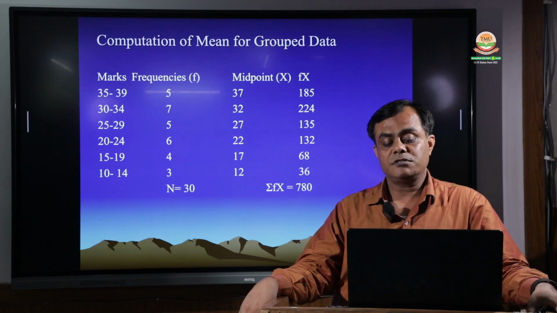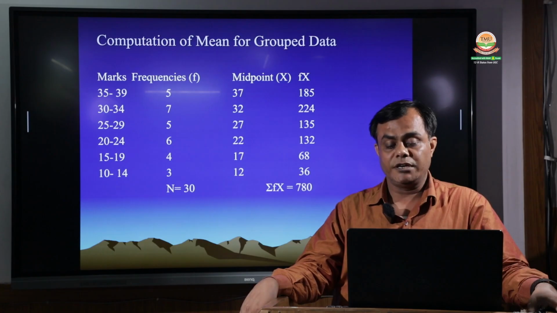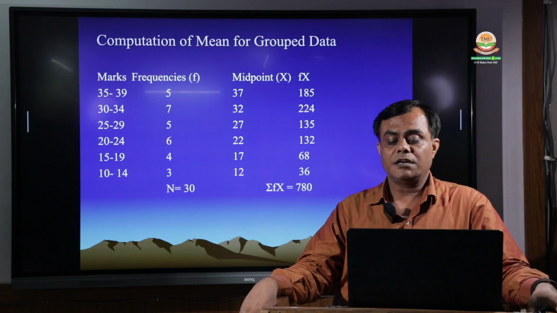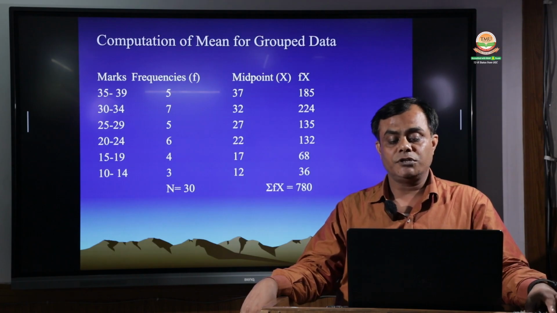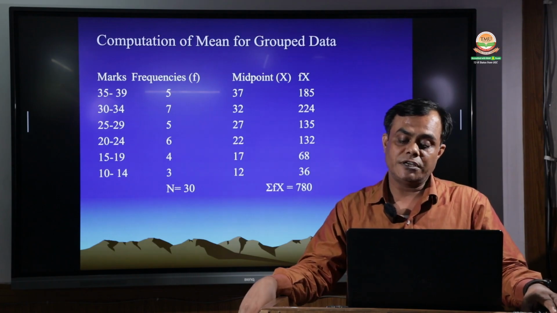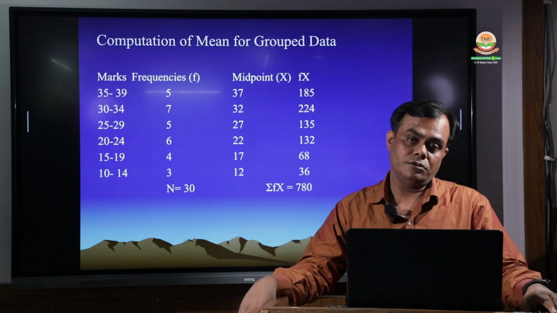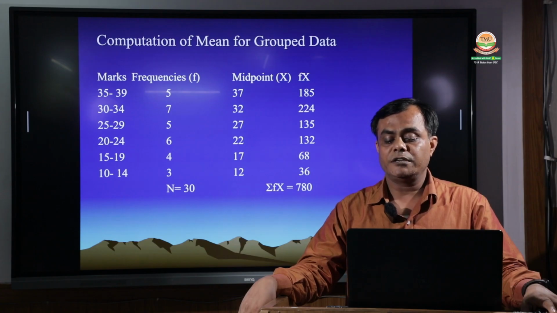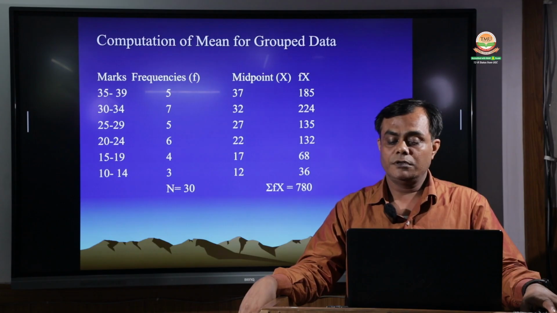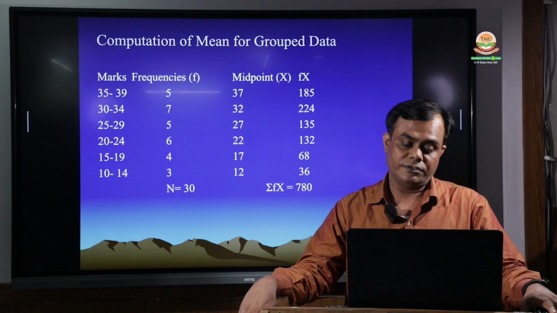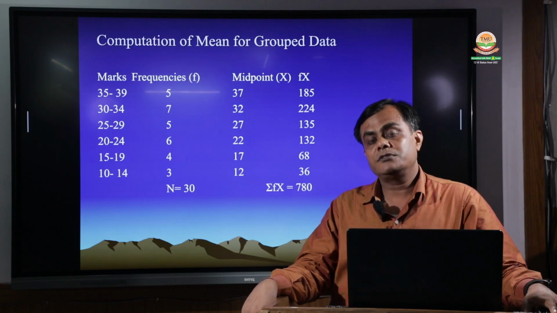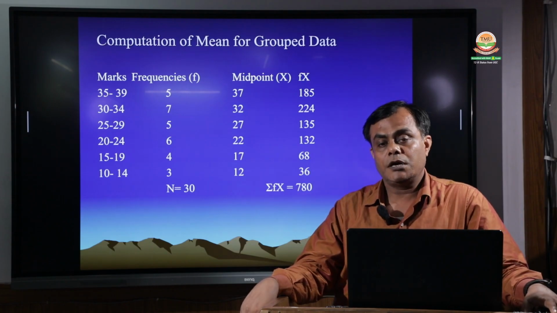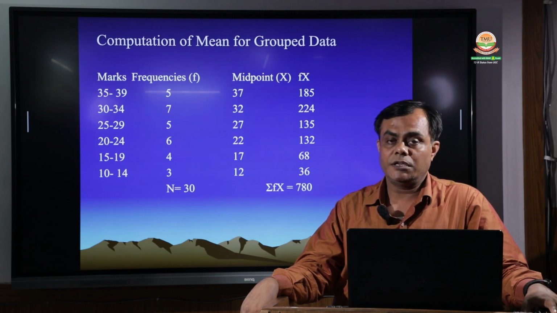Second step: once the categories are created, the marks are entered under the frequency column based on which category they fall under. Third step: the midpoint of each category is computed and entered under X. So the midpoint is considered as X, and the frequency is considered as F.